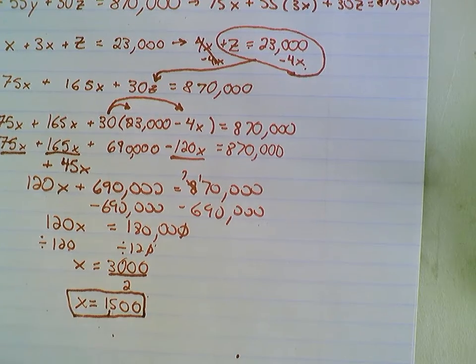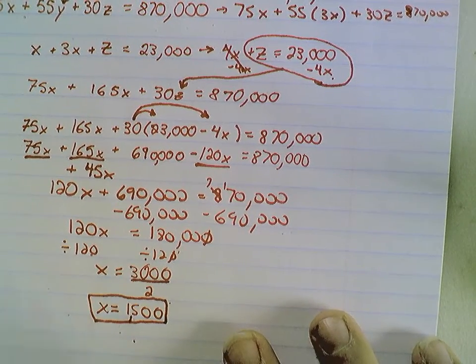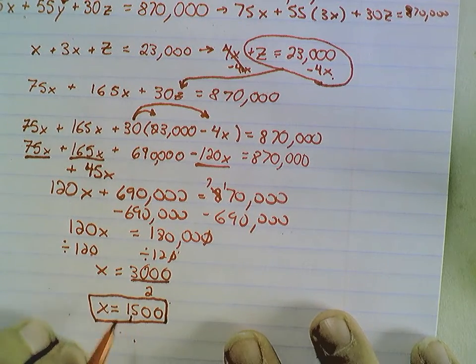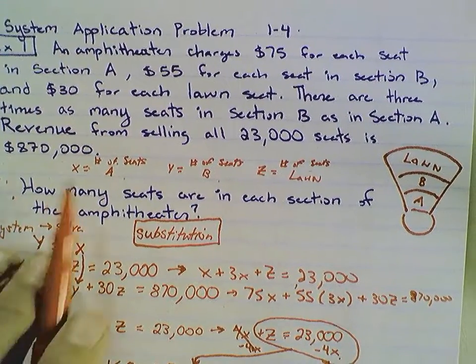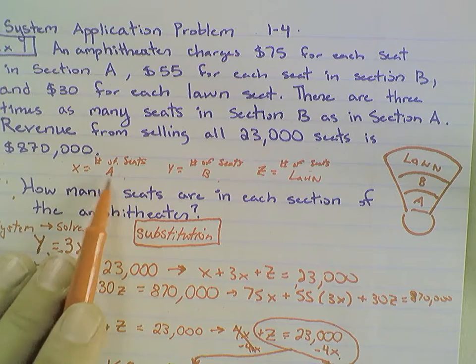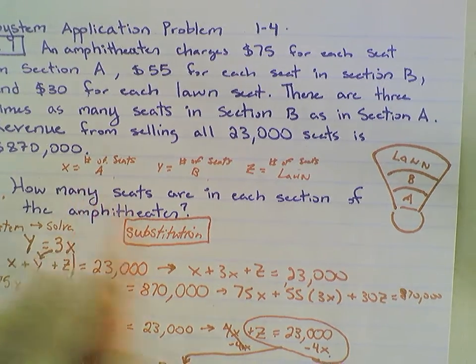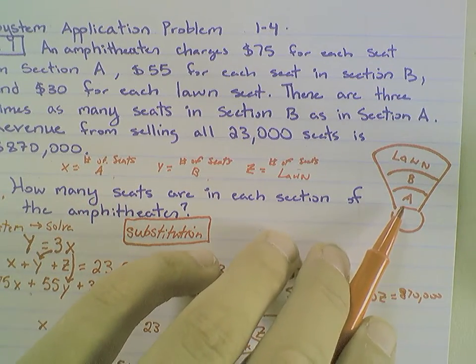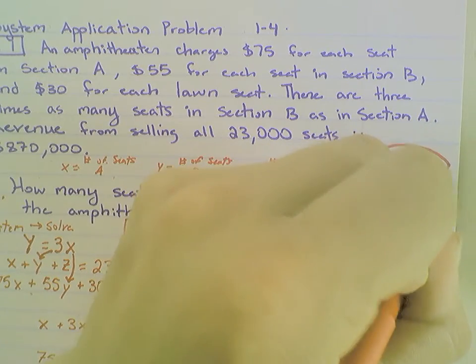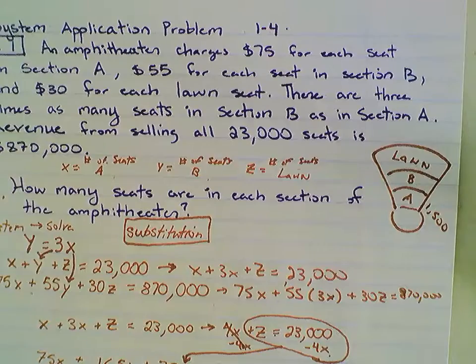Okay, so as of right now, we just solved for x, which gave us 1,500. We've been doing quite a bit of arithmetic, so now we got to kind of go back and remember what this value represents. Well, if we scroll back up to the top of the page, we'll notice that x equals the number of seats in section A. So in our amphitheater, in section A, we now know we have 1,500 seats.